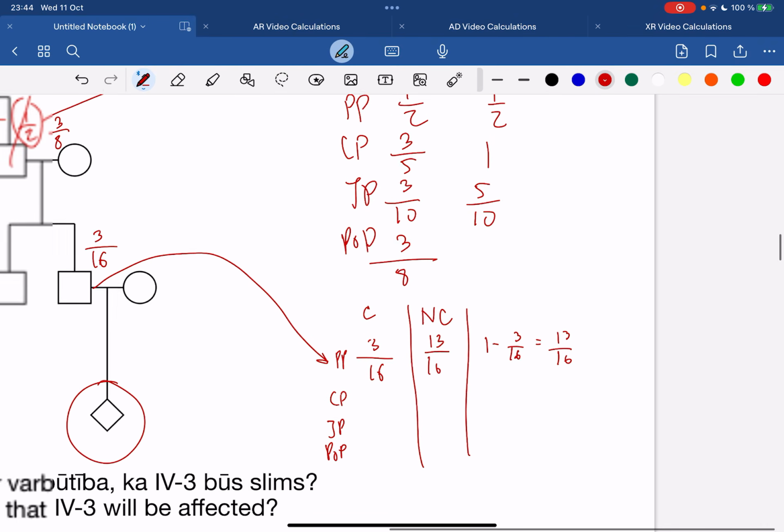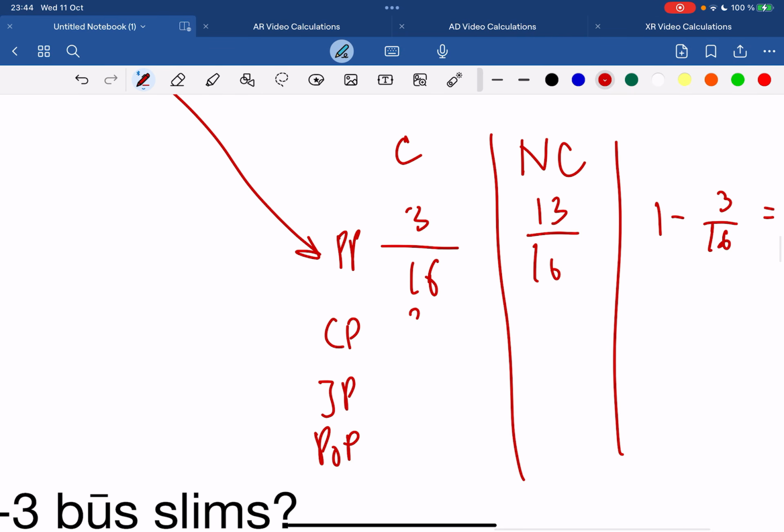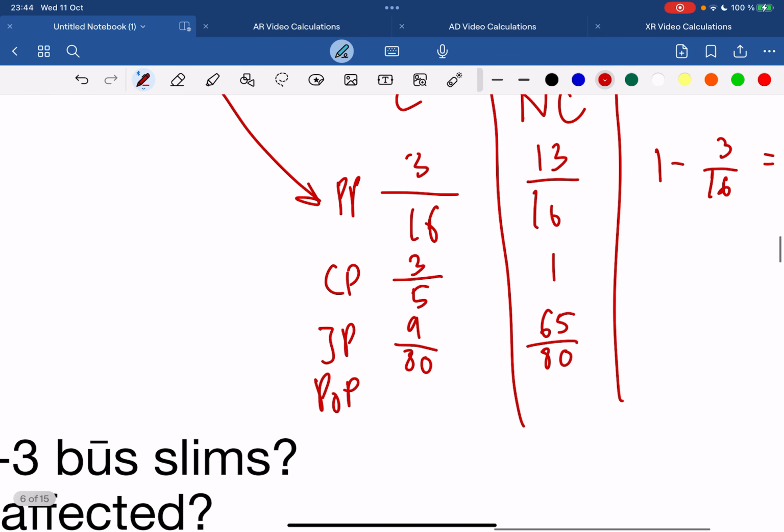Conditional probability is the same as before, so 3 out of 5. 1 here. And then the joint is 9 out of 80, I believe. And then right here would be 65 out of 80.